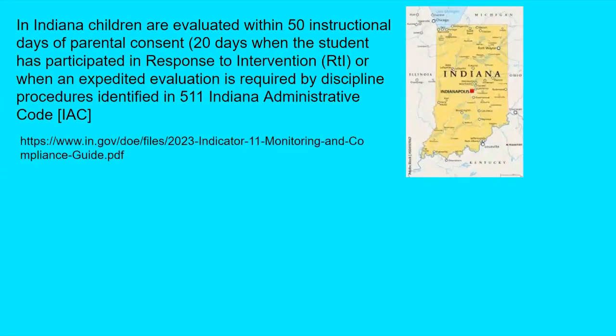Now, this was just an overview of the special ed service timeline, but how does that relate to other states? Because each state is different from the other. For instance, in Indiana, children are evaluated within 50 instructional days of parental consent, 20 days if the student has participated in response to intervention, or RTI, or when expedited evaluation is required by discipline procedures identified in 511 Indiana Administrative Code.